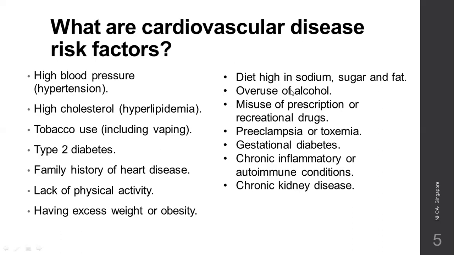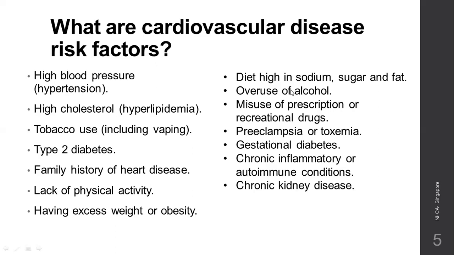Then lack of physical activity, excess weight or obesity, a diet high in sodium, a diet high in sugar and fat, overuse of alcohol, and any misuse of prescription drugs or recreational drugs, what we call narcotics, like morphine. That is substance abuse, drug abuse.